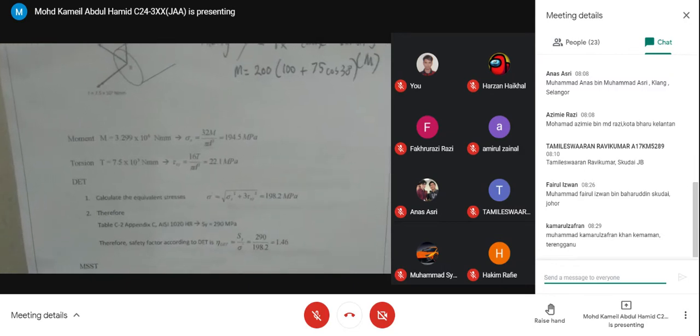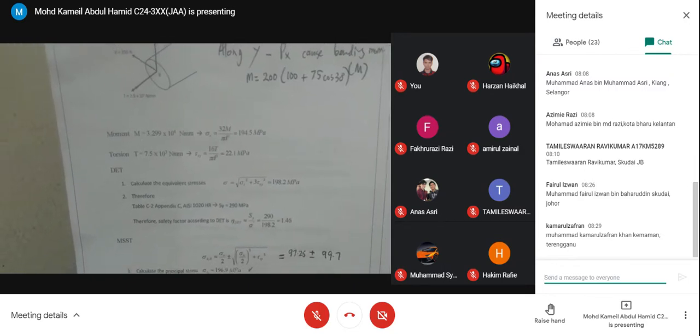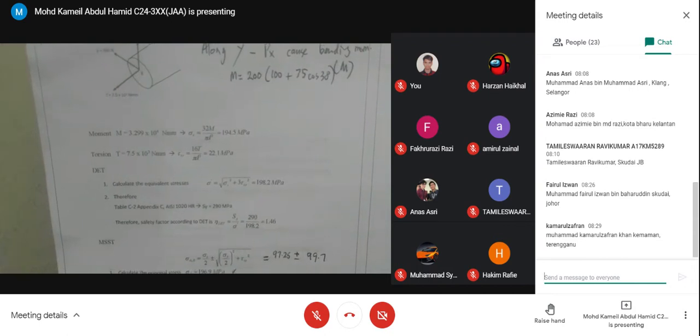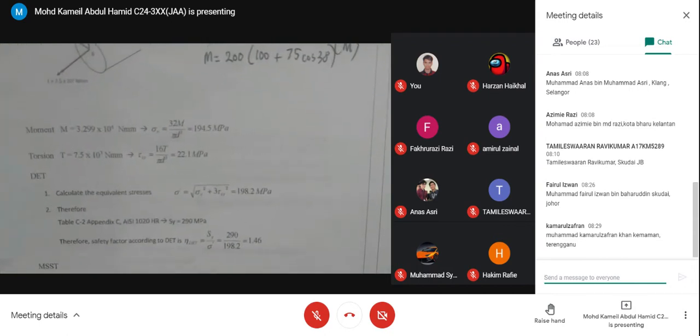Then for equivalent stress, use the sigma prime equation. Sigma prime equals the square root of sigma x square plus 3 tau square.